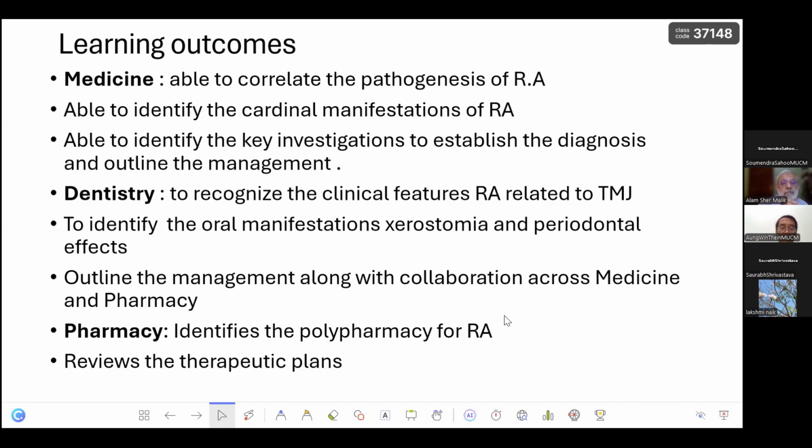For dentistry, they should be able to recognize the clinical features of rheumatoid arthritis related to the temporomandibular joint, identify the oral manifestations like xerostomia and periodontal effects of long-term rheumatoid arthritis, and outline the management along with collaboration across medicine and pharmacy. For pharmacy, the learner will identify the polypharmacy of rheumatoid arthritis with the side effect profile and review the therapeutic plans.